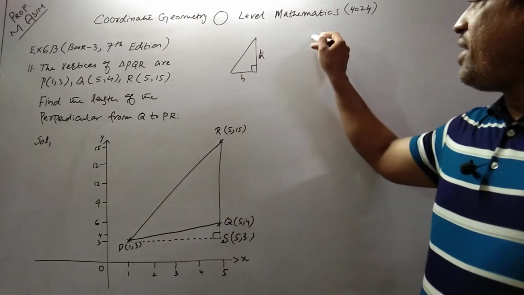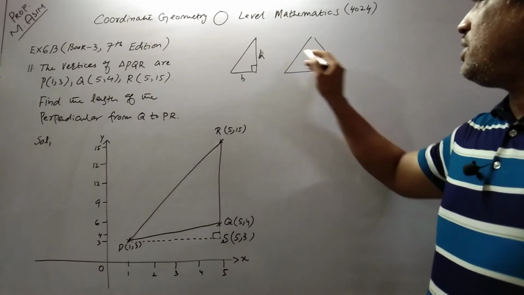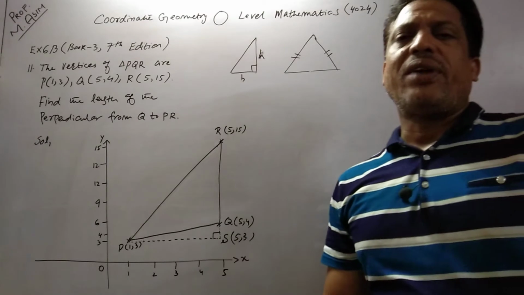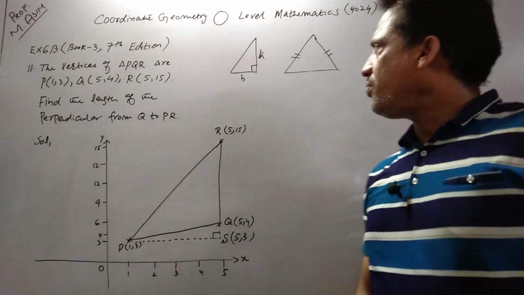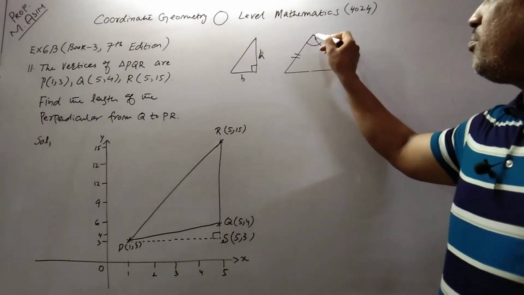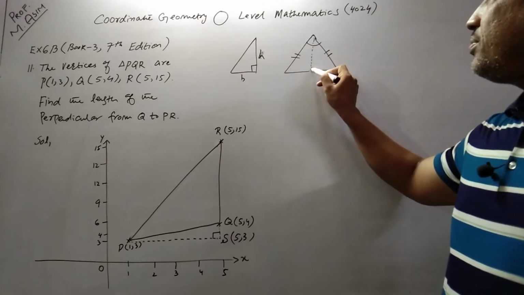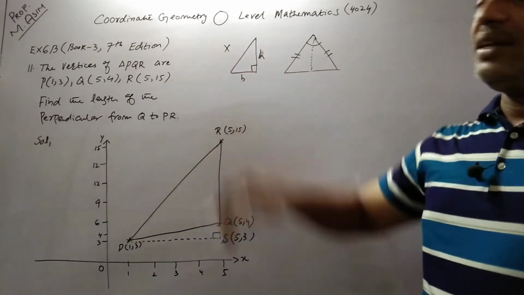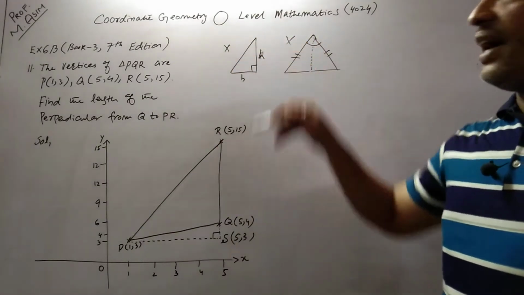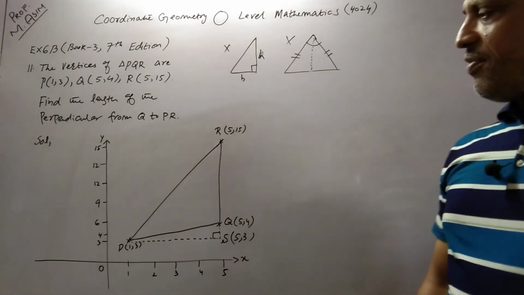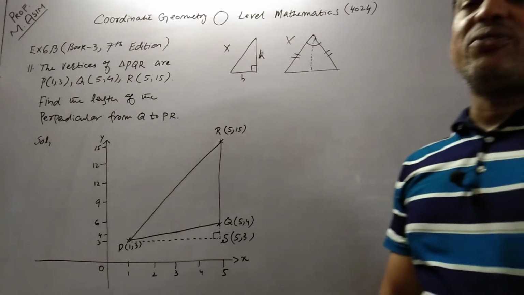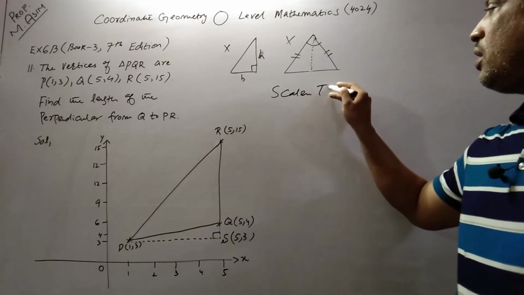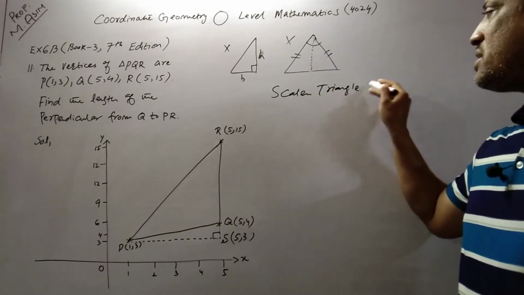But if we have an isosceles triangle like this, what is an isosceles triangle? A triangle which has two equal sides. So we can find the area of this triangle by dropping the perpendicular this way. But if we don't have a right angle triangle, and we don't have an isosceles triangle, but a scalene triangle, what then?